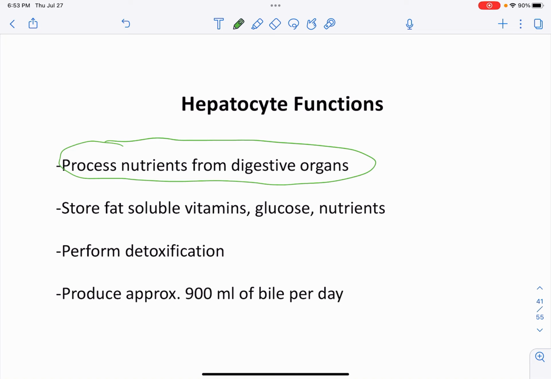All of that blood is going to drain into the liver because the hepatocytes are going to capture all of the nutrients, because it goes on to do a lot of things, but it's going to store all the nutrients from the food that we eat.